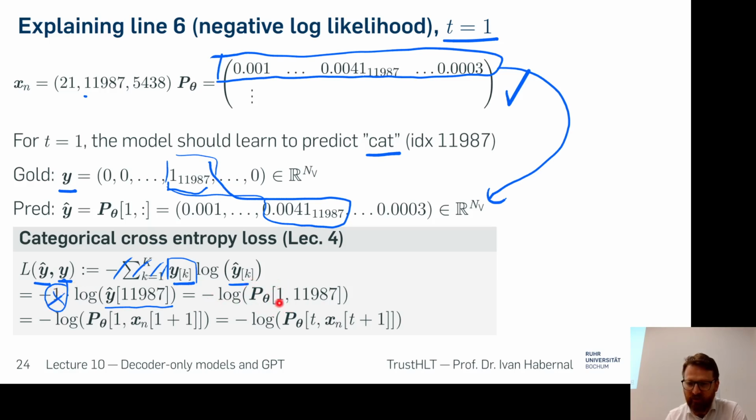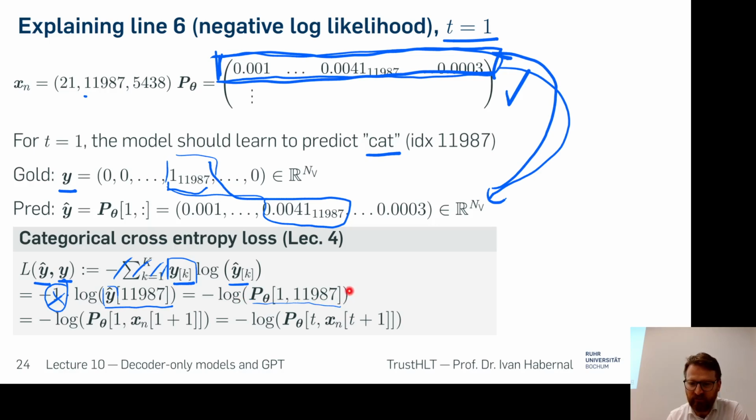Basically, let's get rid of the 1, so it's minus logarithm. Now the y hat is actually a slice from the P matrix on the first row. This is the vector. So we slice this first vector and take minus logarithm of this vector.